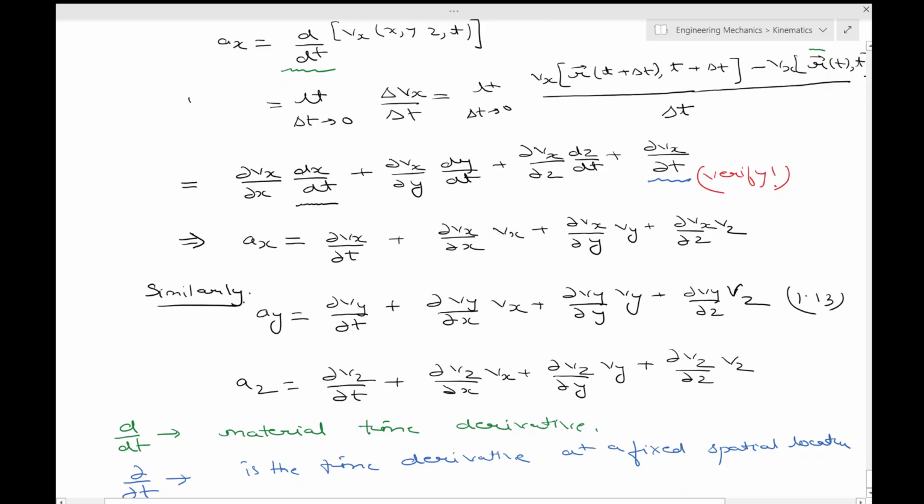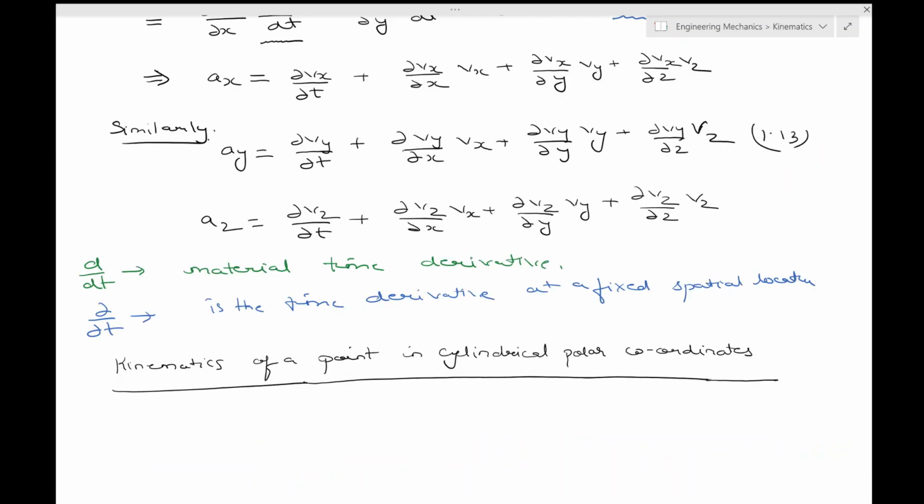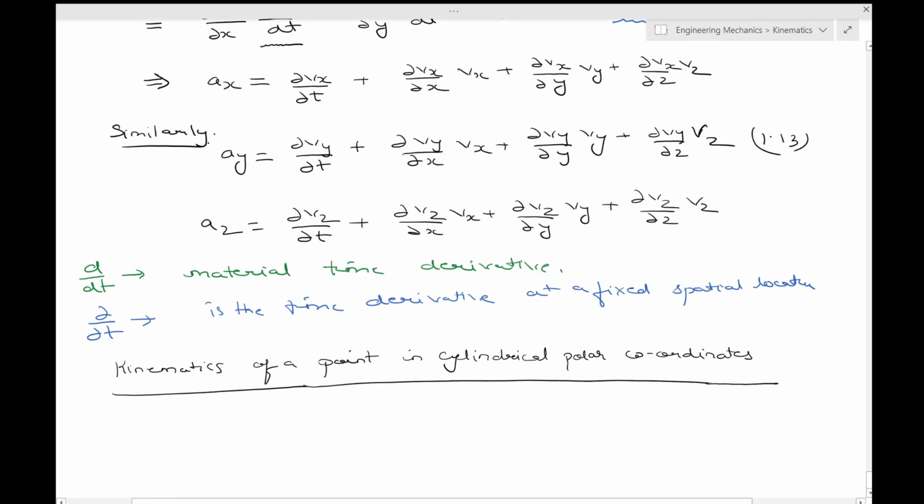We'll now be moving to the kinematics of a point in cylindrical polar coordinates. Coming to this discussion, we'll need a really nice diagram to start off with.